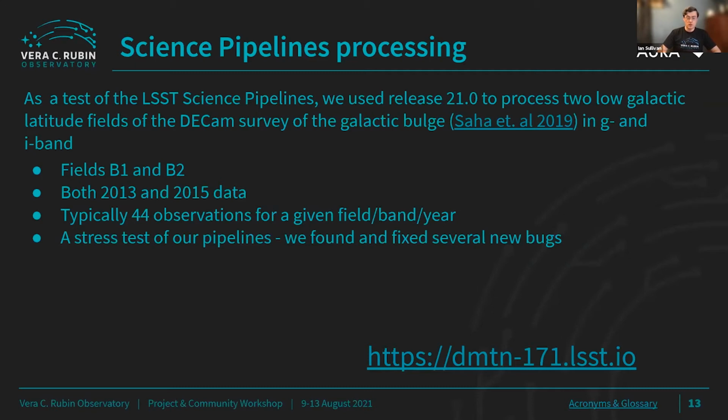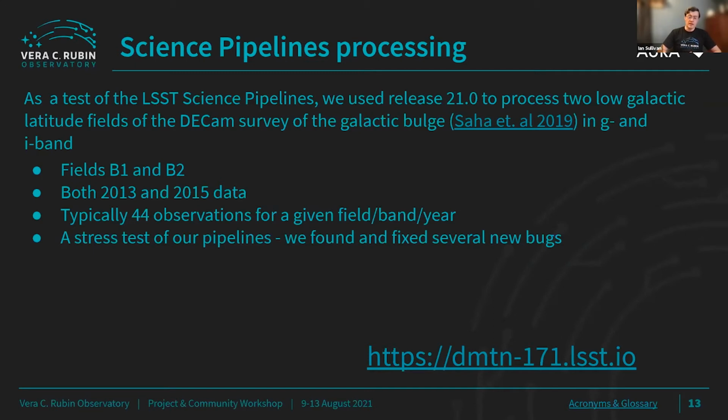A large part of this investigation was to do a stress test of our current pipelines. I'll note that when I was first running this, I think 95% of the observations crashed. They simply would not run.